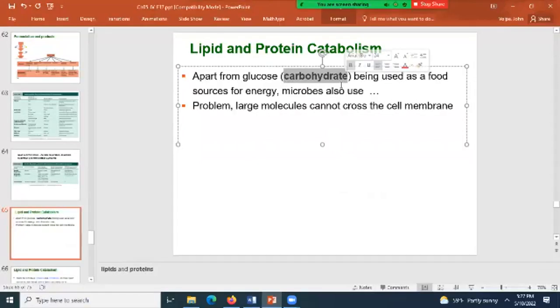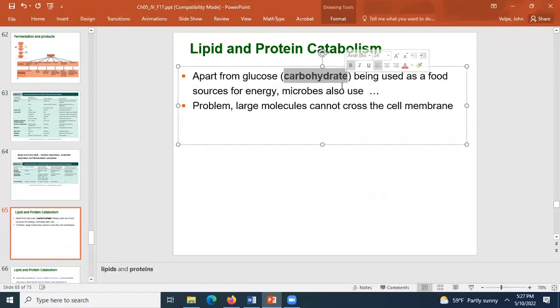Usually the other carbohydrates are just broken down and either broken into glucose or converted into glucose and then sent down aerobic respiration in the normal way, starting from glucose. But you can catabolize other food products, including lipids and proteins. There is a problem for this because large molecules cannot cross the cell membrane.